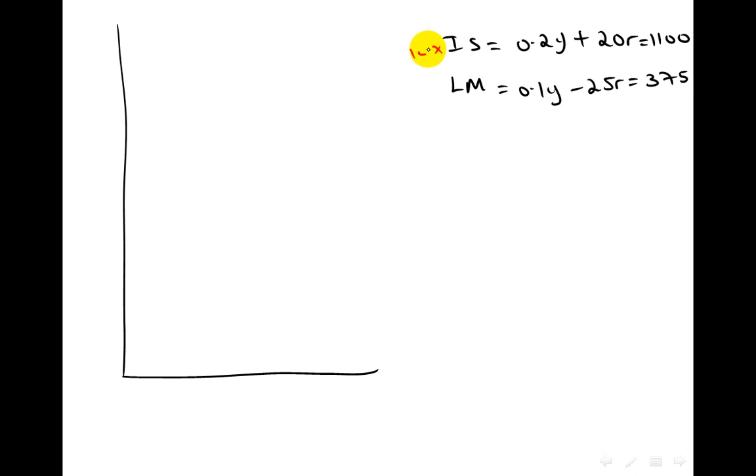So if you multiply both stuffs by 10, this will be changed to 2y plus 200r. So okay, we can say 2y equals to, now divide everything by 2.